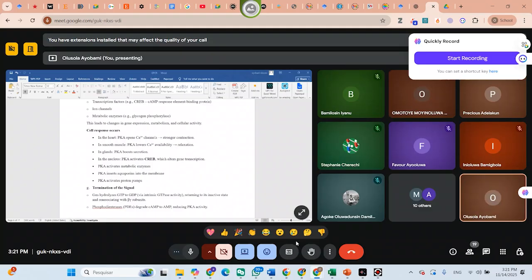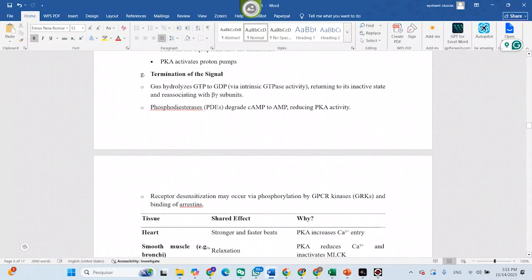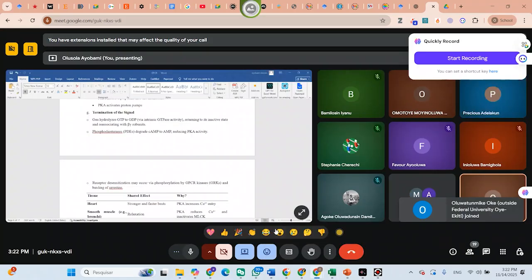All right. So how do we terminate this signal? The termination is by an intrinsic activity: your G-alpha has an intrinsic phosphatase activity. I told you that kinases phosphorylate, while phosphatases dephosphorylate.